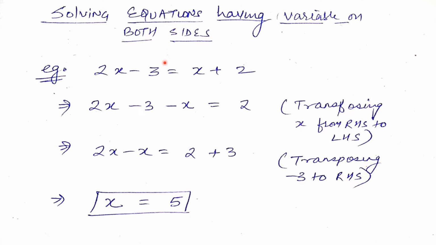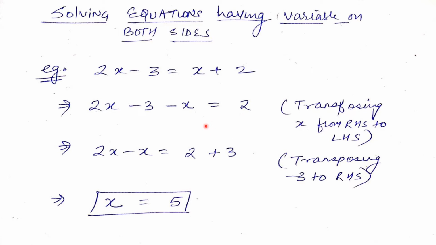Other persons who are not changing will remain untouched. That is why 2x is same, minus 3 is same, only x became minus x when it came on this side. This 2 which was plus 2 over here remained 2 only. Okay, no change will be done on the people who are living in their own country.